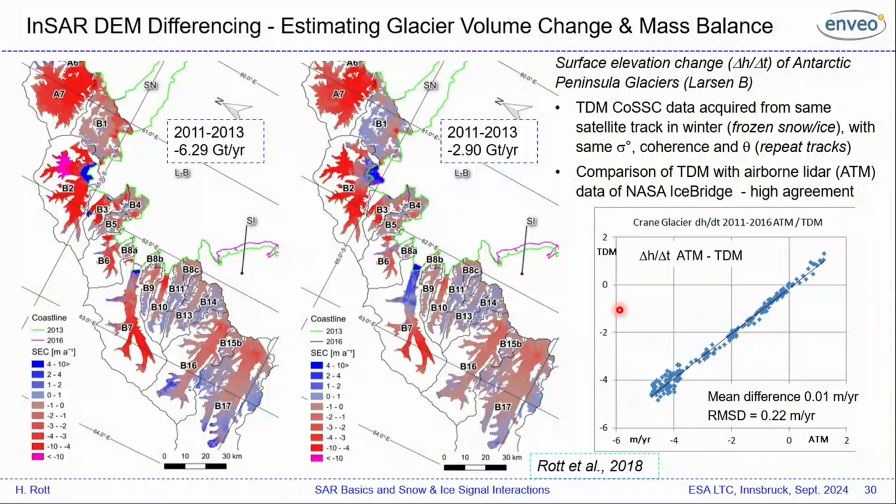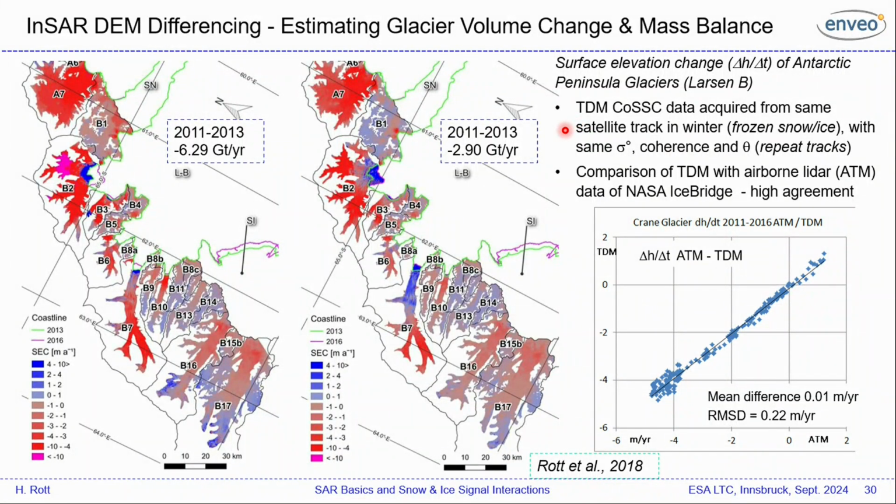So before I was there on Union Glacier, I did some work with the colleagues at DLR IMF on the Antarctic Peninsula elevation change, and this is part of this area which we covered with TanDEM-X DEM differencing.